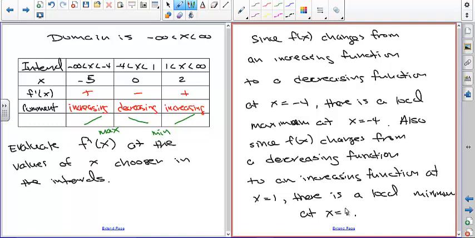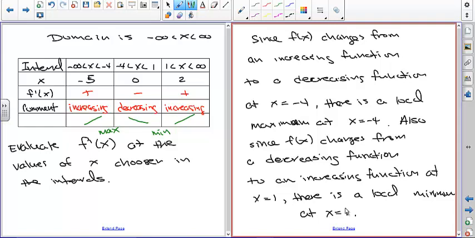So when you have the test on this material, the first derivative test problem looks very similar to this. It's going to be a polynomial. You're just going to have to factor it to find the critical numbers. And then you will create a table where the interval from -infinity to +infinity gets broken up.